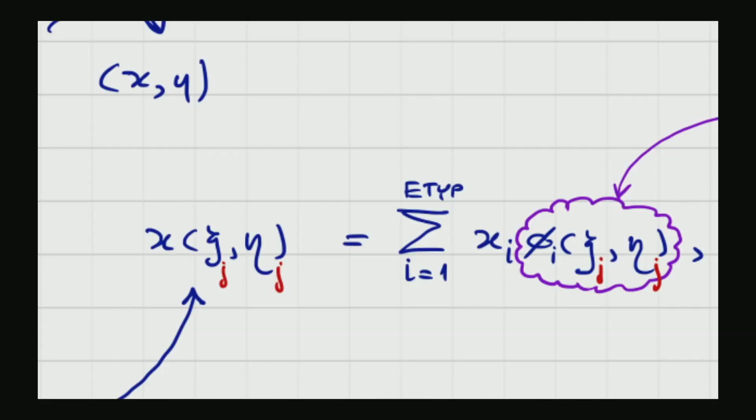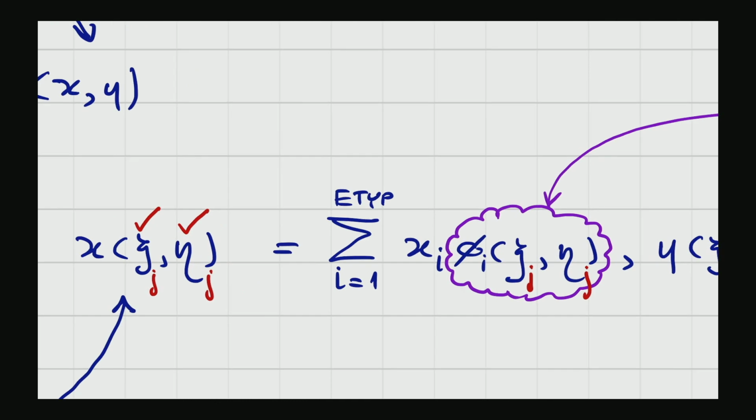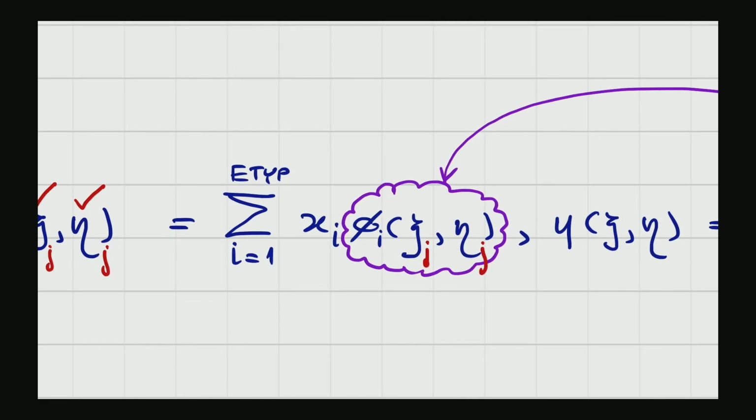So you plug in the fixed value of C and eta associated with j, and this C and eta will be going to the shape function. So you plug them into the shape function.